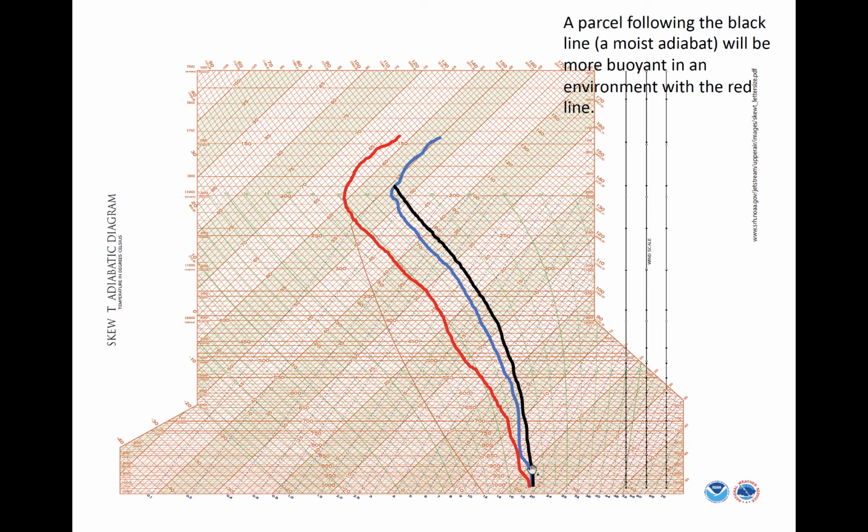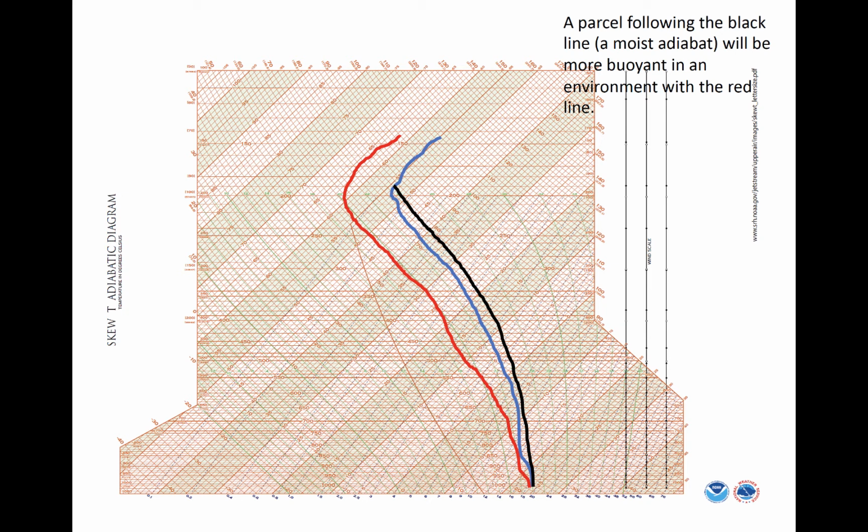The difference between the black line and the other two lines describes the instability. As you can see, the black line is much further away from the red line than it is from the blue line, so the parcel will tend to be more buoyant in an environment that has a vertical temperature structure resembling the red line. This is related to the concept of convective available potential energy, or CAPE, which we will discuss more in a different module.